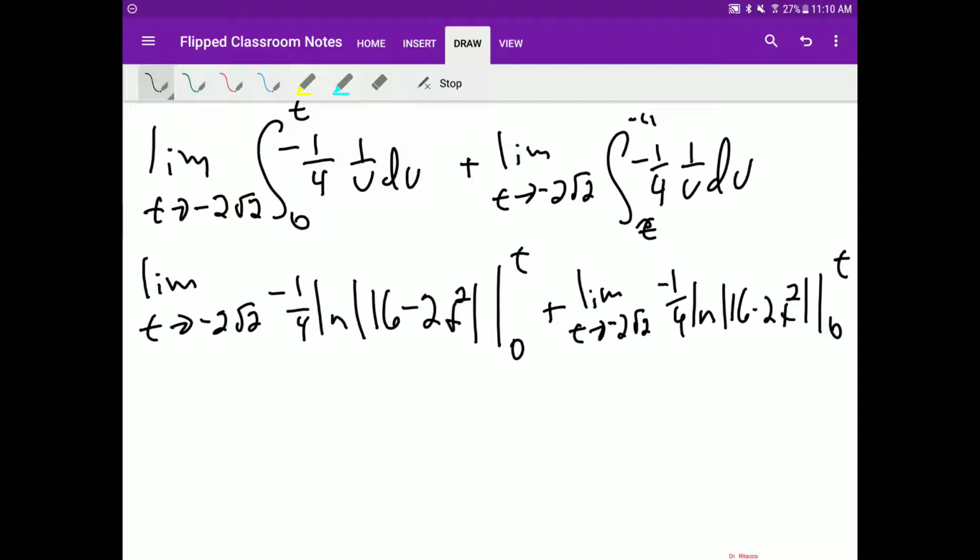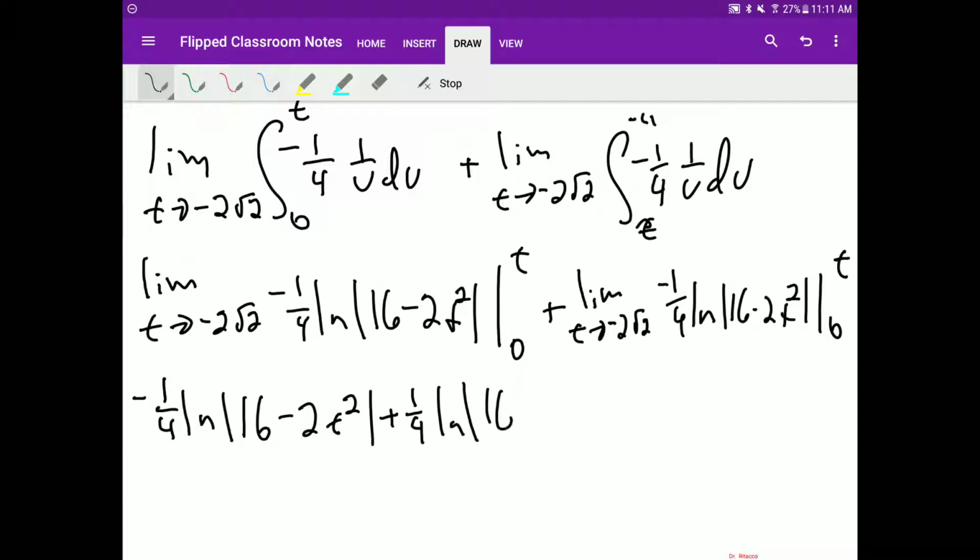We can do direct substitution into them both. So I have minus 1/4 times the natural log of the absolute value of 16 minus 2t squared, plus 1/4 natural log of the absolute value of 16 minus 2 times 0 squared.